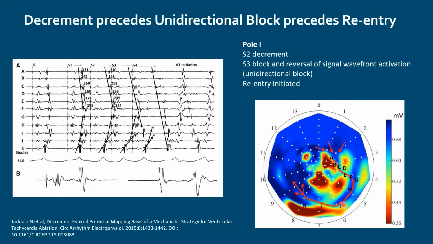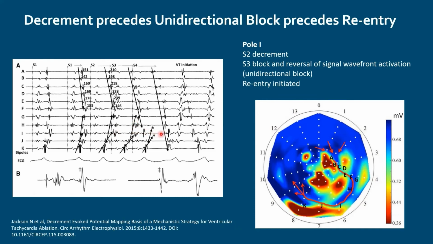If we look at the stressing of the K to I limb and focus on the EGMs in pole I, the bipole signals in pole I, we can see we have our far field and near field, S2 far field and near field decrement, and then we see an S4, far field, and we have block.